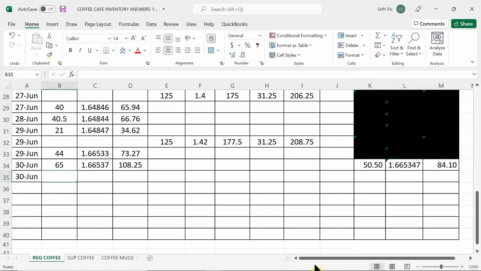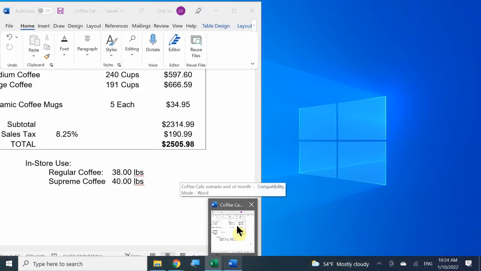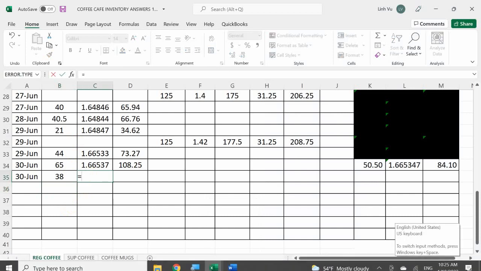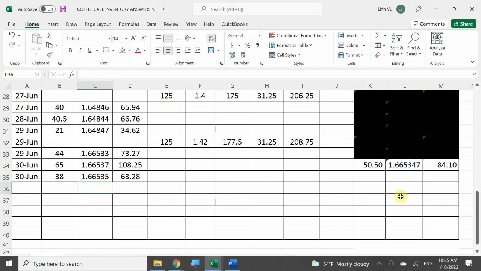We used 38 pounds, at $1.665. So therefore, what's my total cost of goods sold here? 63.28.